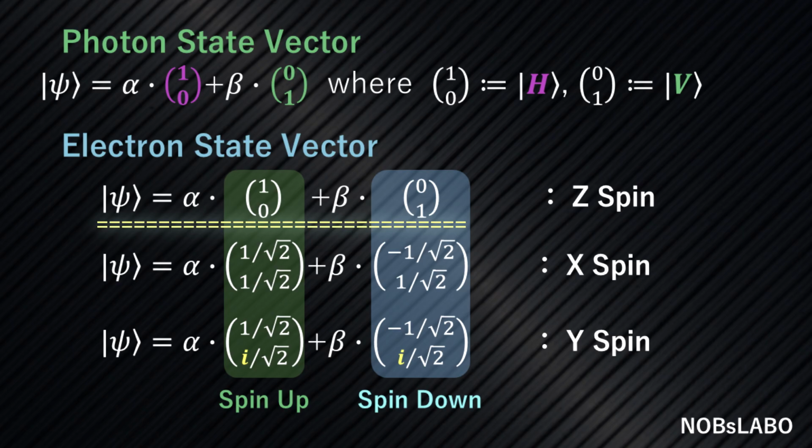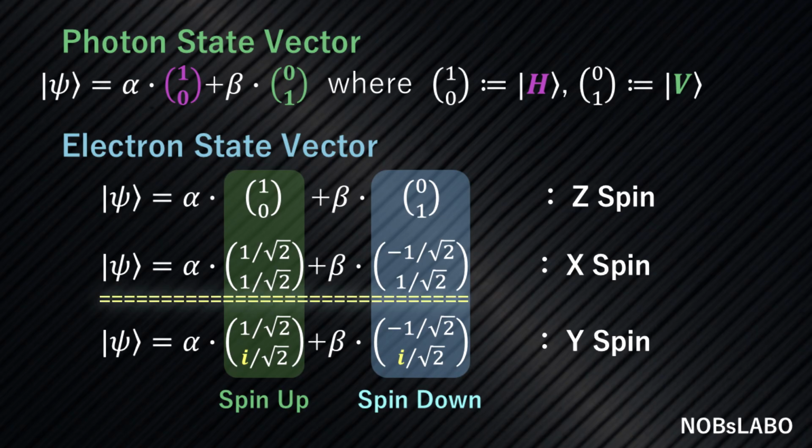There is a probability of alpha squared that the spin will be up and a probability of beta squared that the spin will be down. Also, if a magnetic field is applied along the x-axis, the state vector of an electron spin in a superposition state is represented by alpha times vector (1/√2, 1/√2) plus beta times vector (-1/√2, 1/√2).